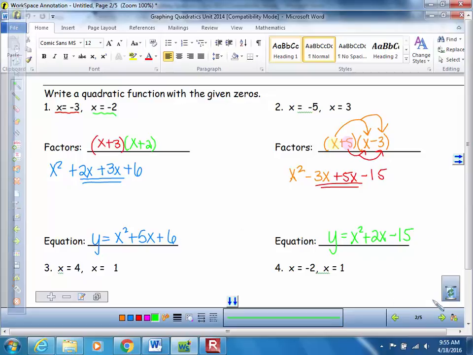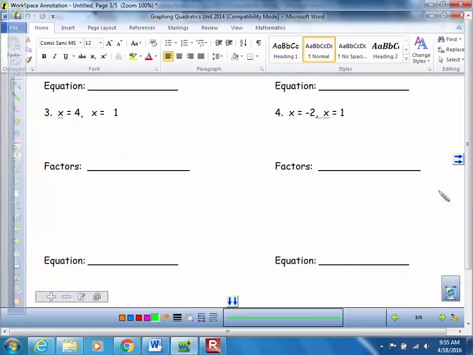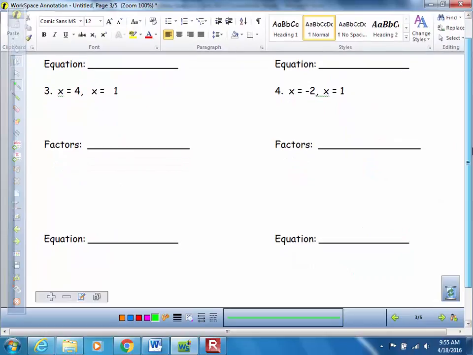All right, let's try one more of those. So number 3, Courtney, looking at number 3, what would my factor be for x equals 4? X minus 4. And Tyler, what would it be for x equals 1? X minus 1. Okay.